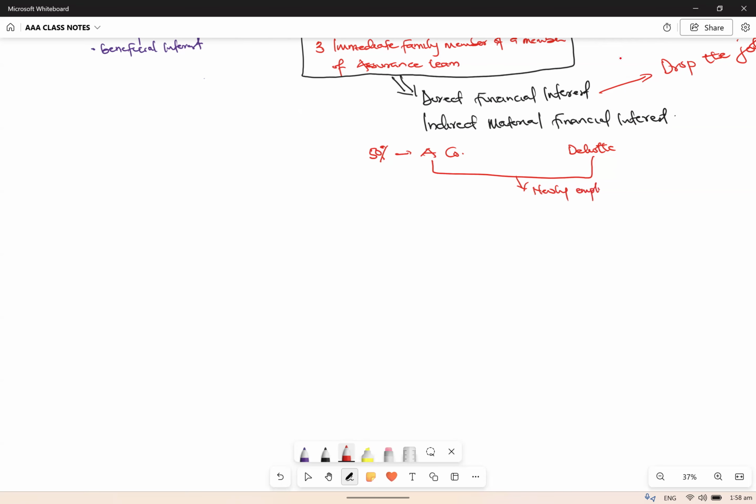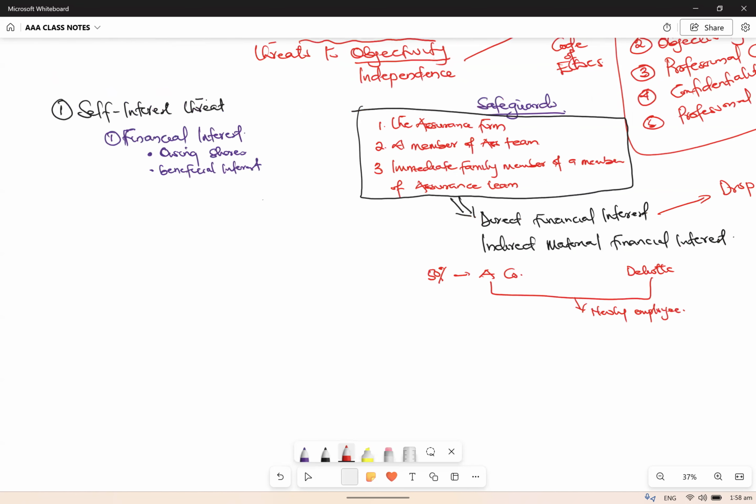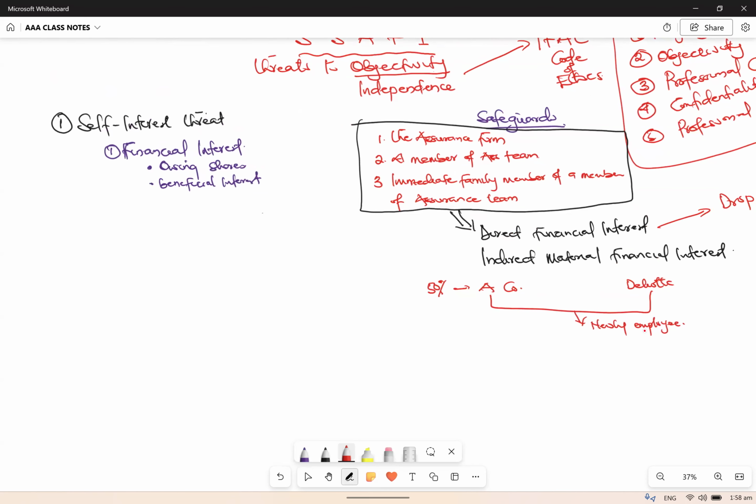So would that cause a self-interest threat? Because I am not the one who has the direct financial interest. I have an indirect one, because it is my father, and 50% is material. But what do you see? Would that cause a threat? What do you see?